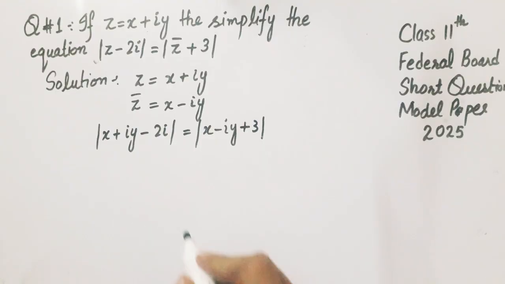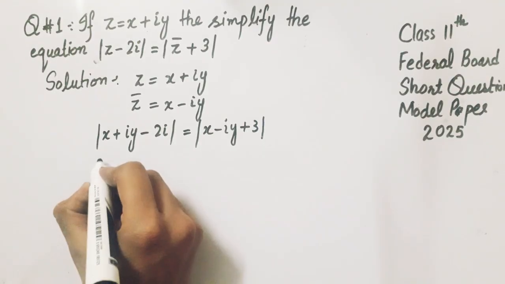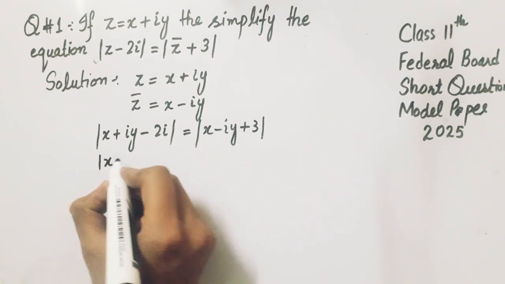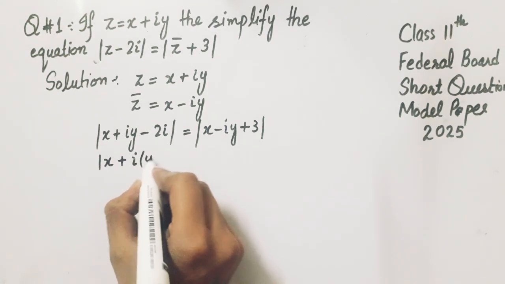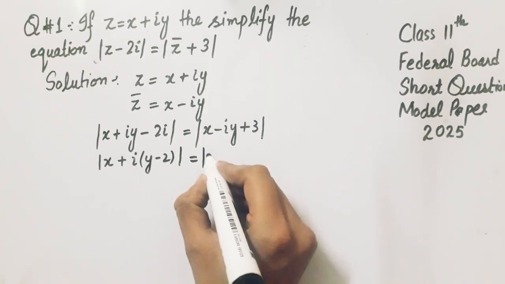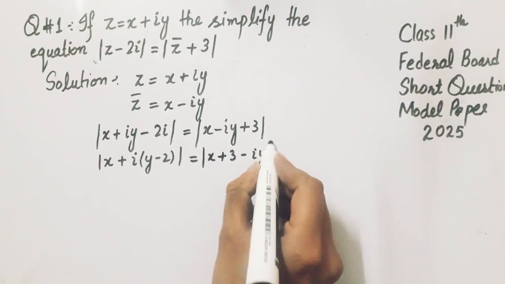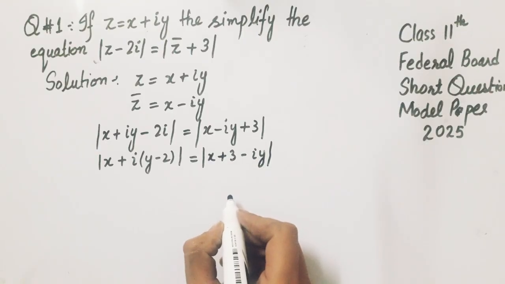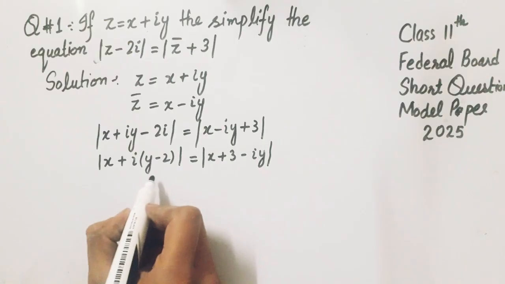Now we will join the real part and imaginary part, then x plus iota into y minus 2, and in this part we have x plus 3 minus iota y. Now in the next step we will find the magnitude of this.